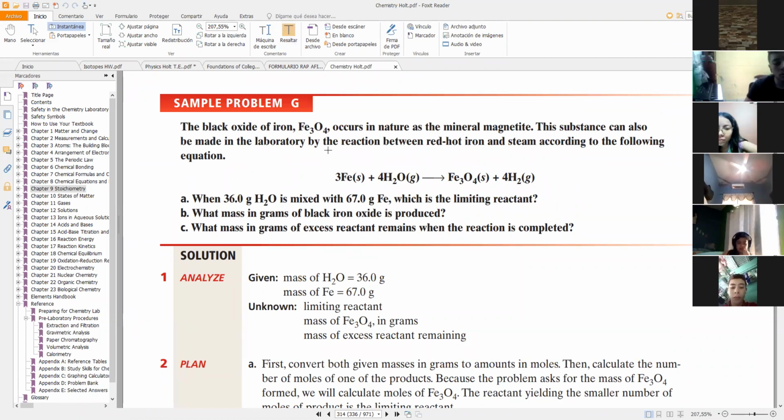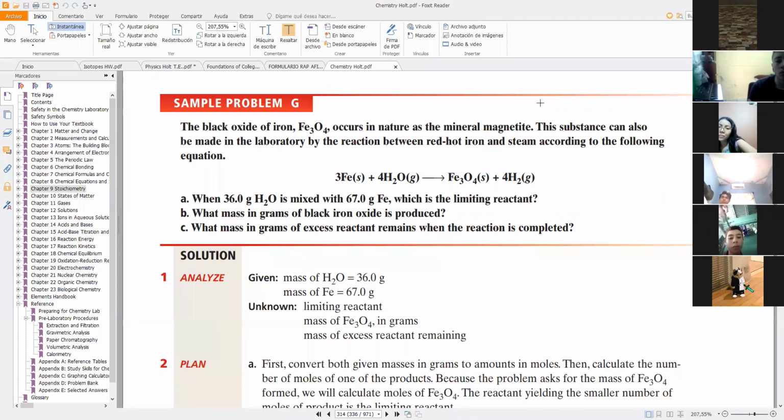Let's analyze this word problem. The black oxide of iron, Fe3O4, occurs in nature as the mineral magnetite. This substance can also be made in the lab by the reaction between red hot iron and steam according to the following equation.